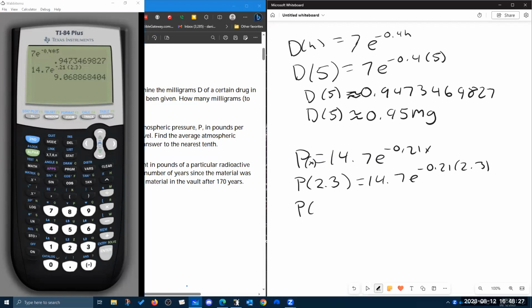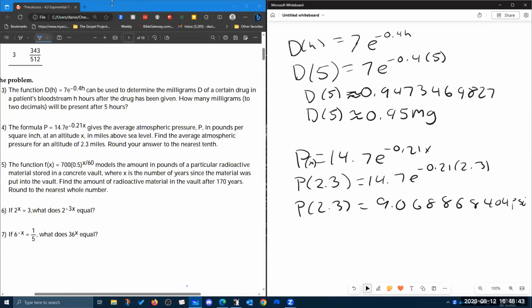We get 9.08 psi, and we're told to round to the nearest tenth, so 9.1 psi.